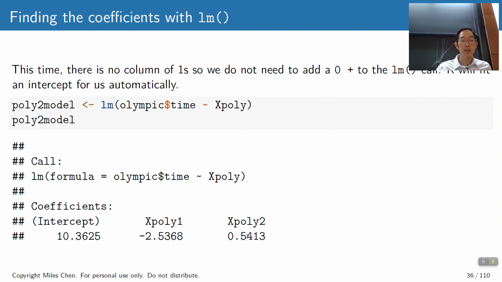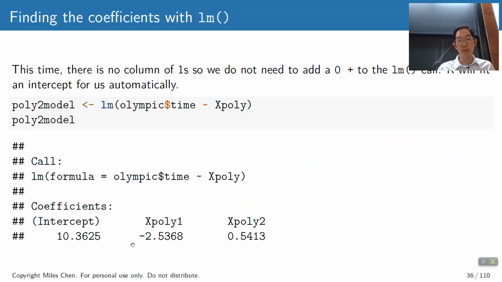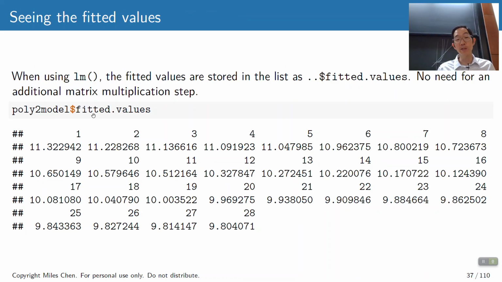Because it's all scaled and weird stuff has happened with the poly, I'm not actually going to worry about the interpretation of this number -2.5 and this number 0.54. All we're going to say is, okay, there's a negative component, there's a positive component, and I can ask, what are the fitted values?